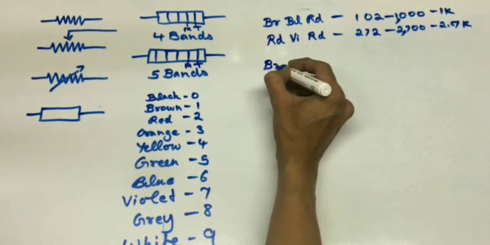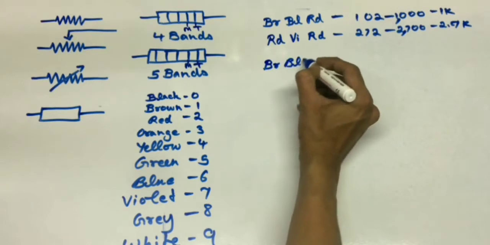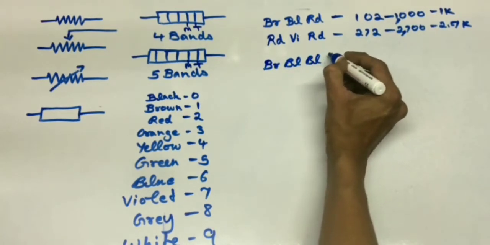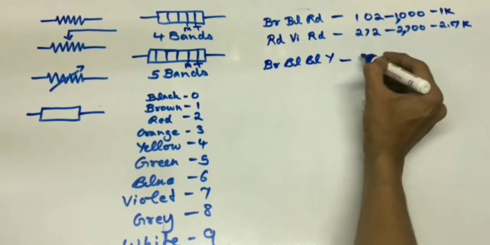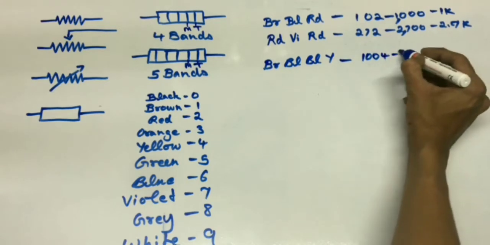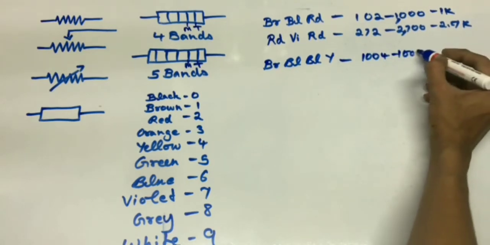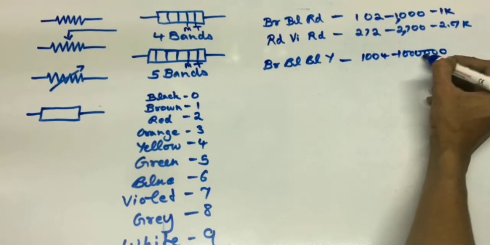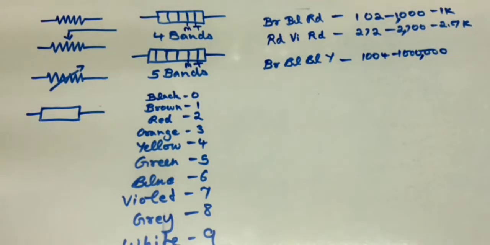And in the 5 band, suppose the first is brown, the second is black, and the third is also black, then the fourth is yellow, then 100 and 4 zeros, that is 1000K. That is 1 megohm.